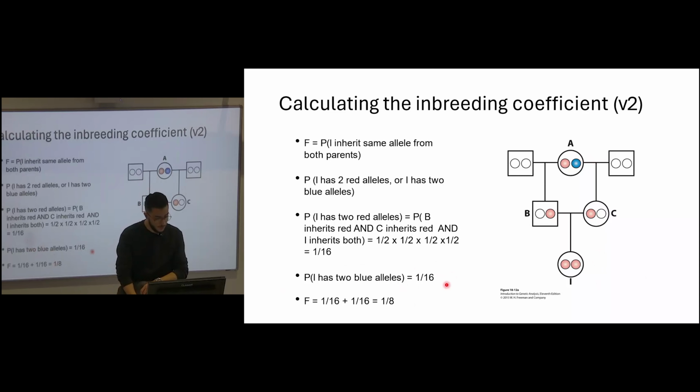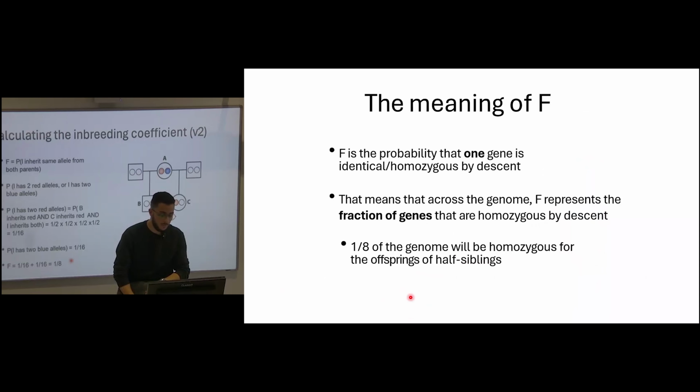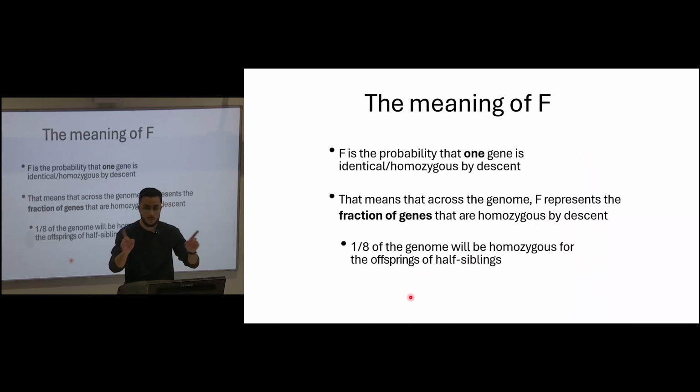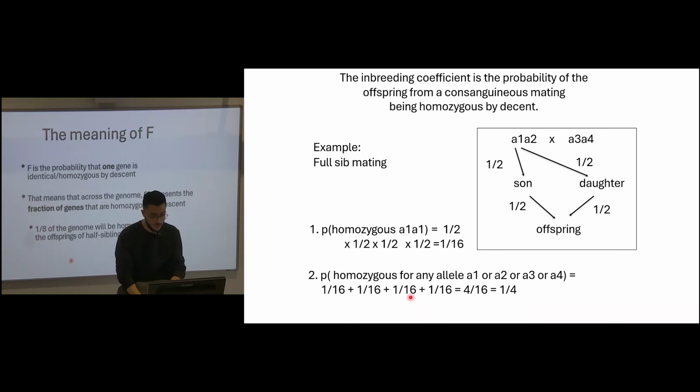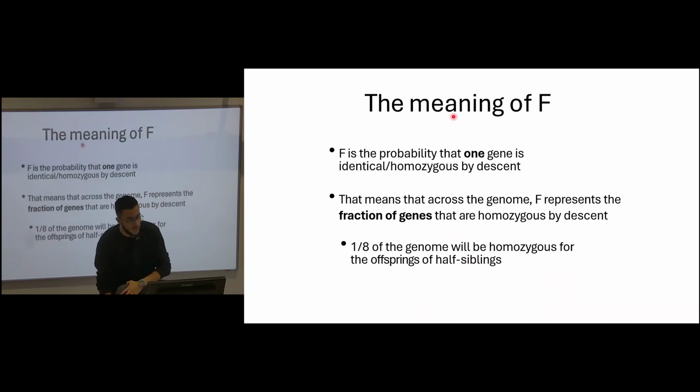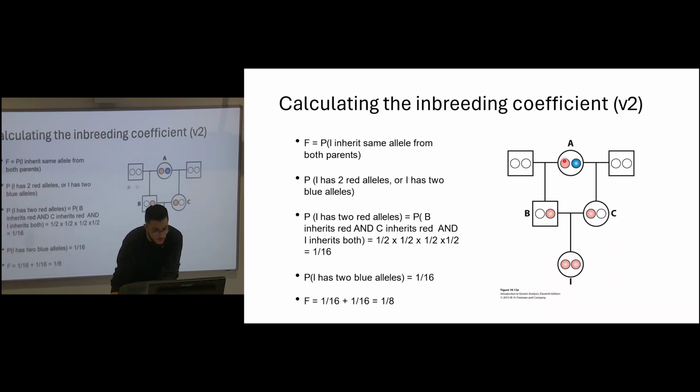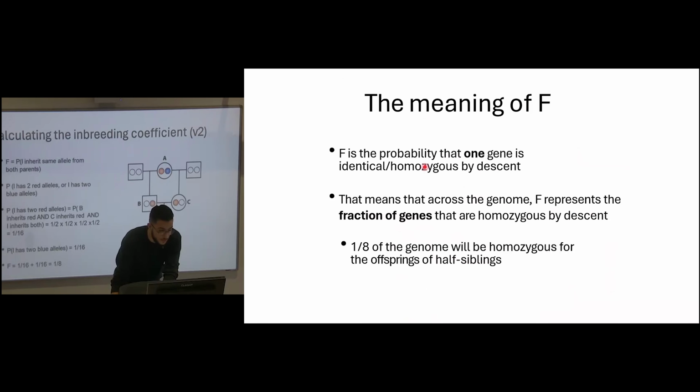And so for this inbreeding coefficient, there are numbers that are already known for different combinations in terms of inbreeding, for example, half brothers and sisters or cousins and all that, and we'll see that in a second. But the meaning of F really is just the probability that one gene is identical homozygous by descent, so basically coming from here and becoming homozygous here.